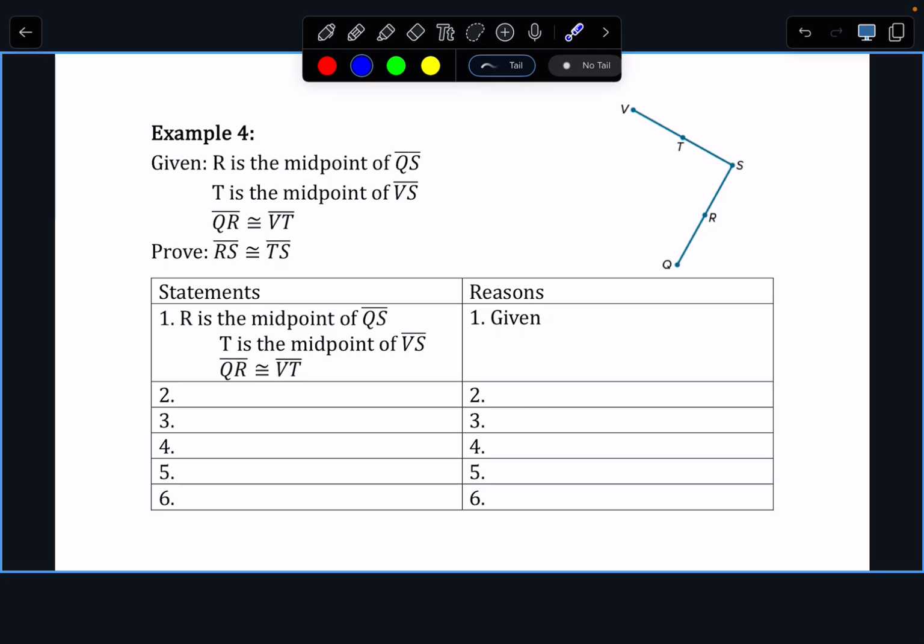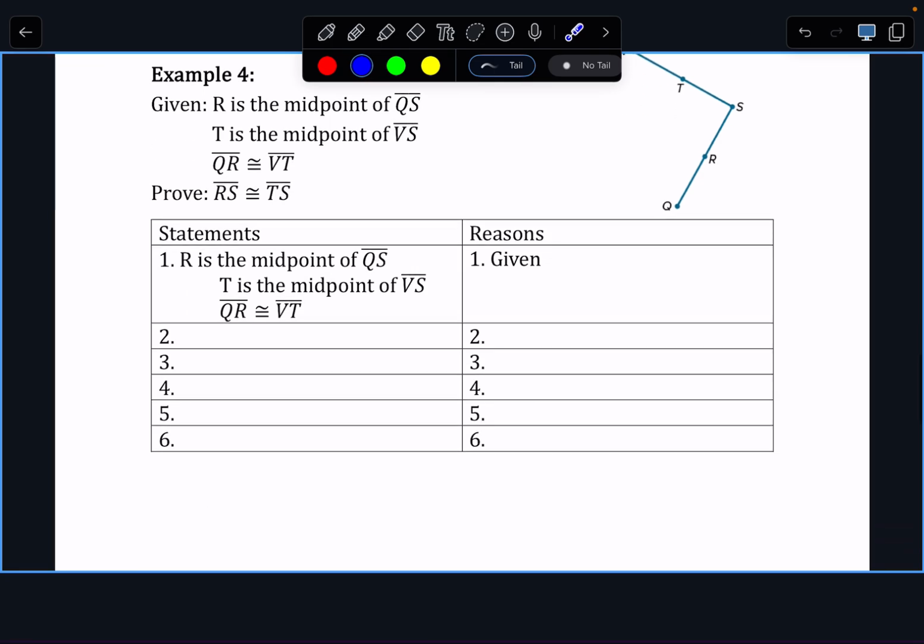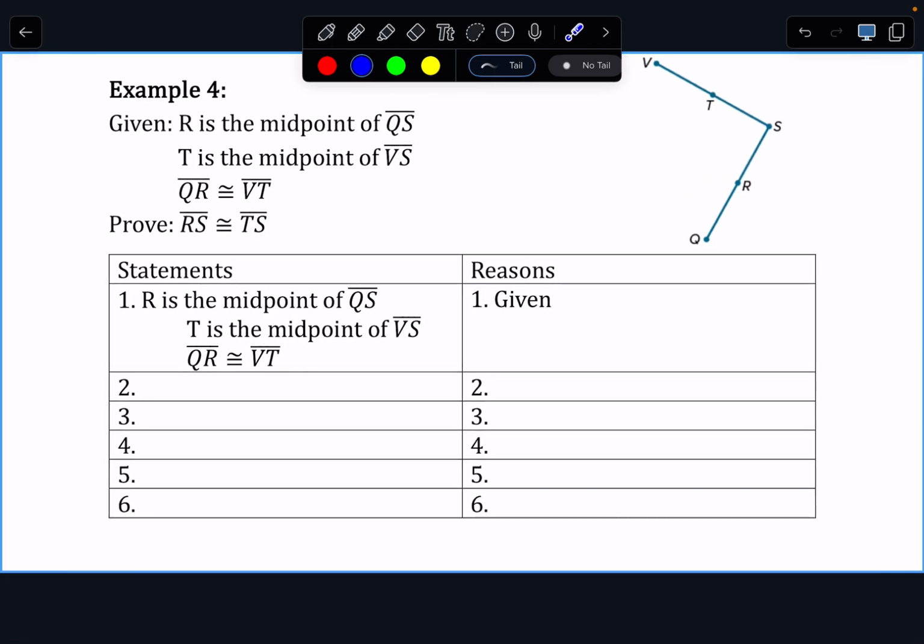Oh, okay. Well, what did I tell you earlier? If I say anything about a midpoint, what should be your next one? Okay. So it should be definition of midpoint. If R is the midpoint of QS, then I can write what?